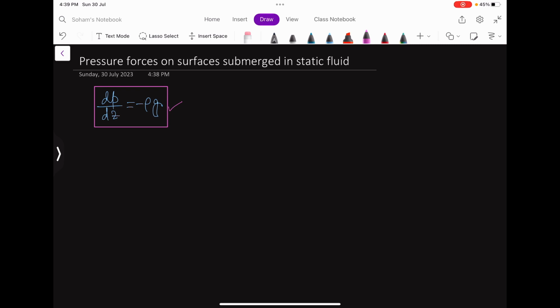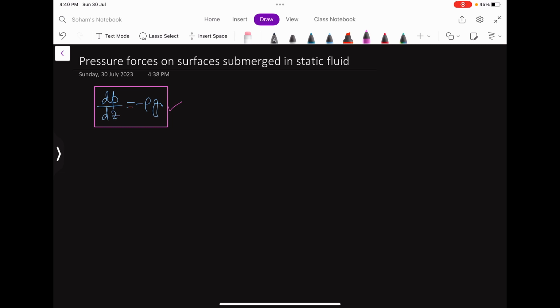Another thing we have told is that at any point inside a fluid container we have a particular pressure due to the existence of the fluid, and due to that pressure there will be some force if I put any body at that point.